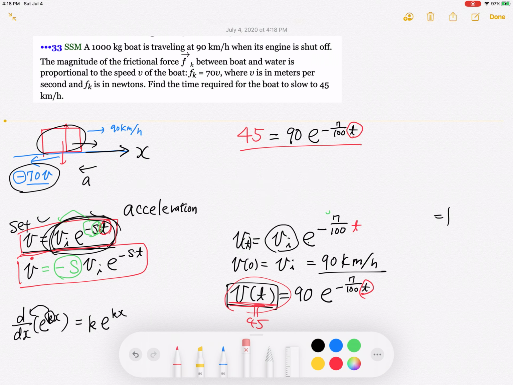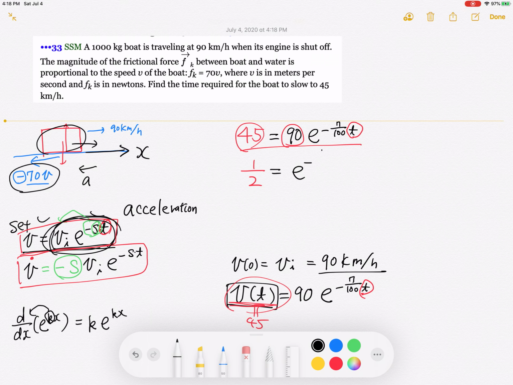Okay, how do we find this? Well, we take the logarithm. First let's move all the constants to the other side. Divide both sides by 90. We'll get 1/2 equals e to the negative 7 over 100 t.